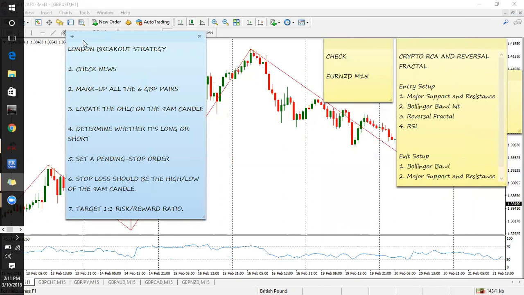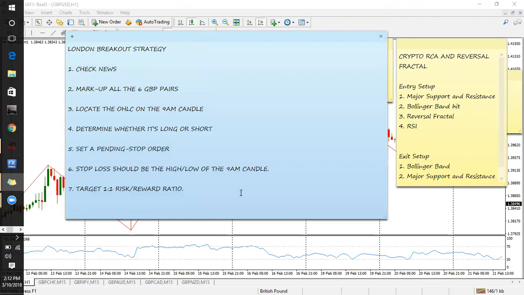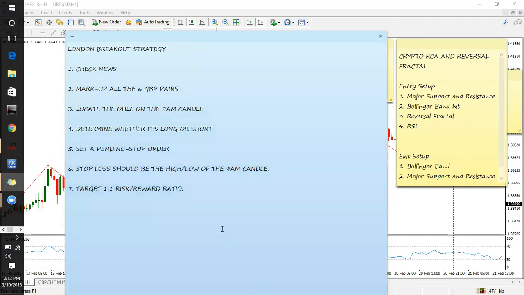Okay. The London breakout strategy. The first thing you see here is what? Check news. Check if there's news. Most times there's always news on GBP at 10:30 a.m. every morning. Let me enlarge a bit.